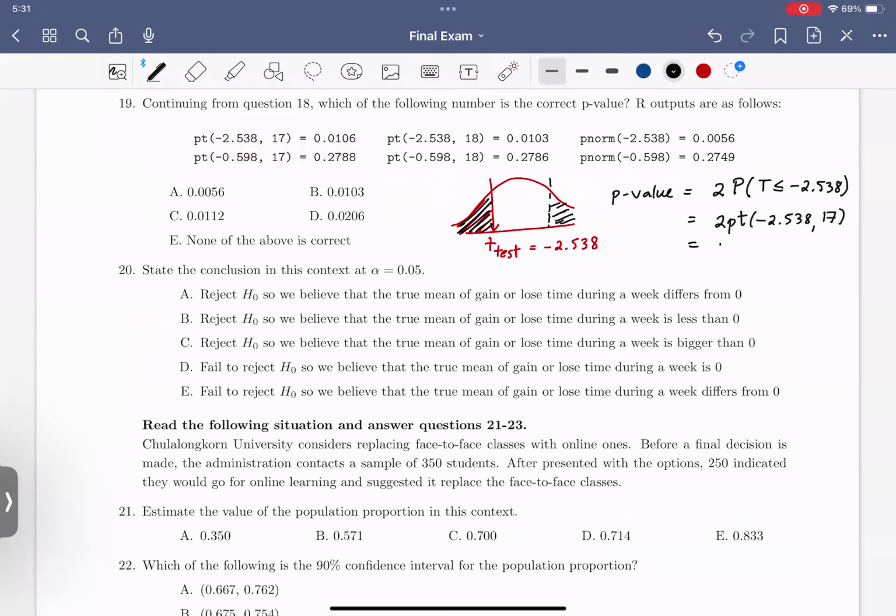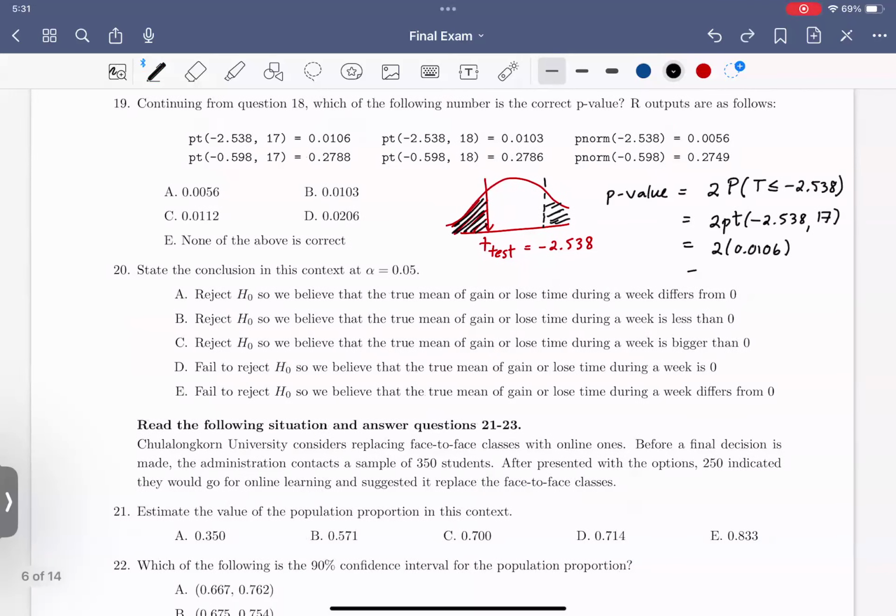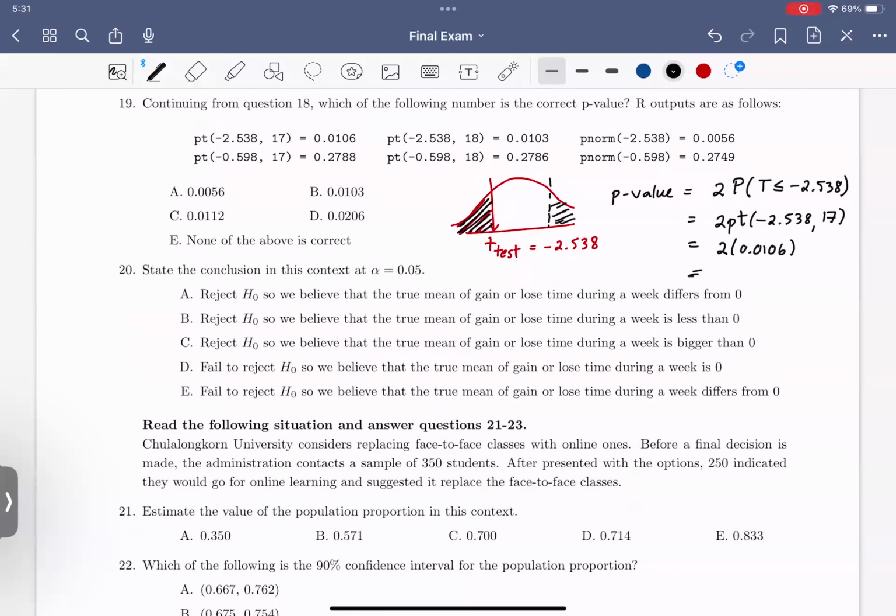So it's 2 times 0.0106, and that means it's going to be... hold on. Let's see. One more time, 2 times 0.0106.